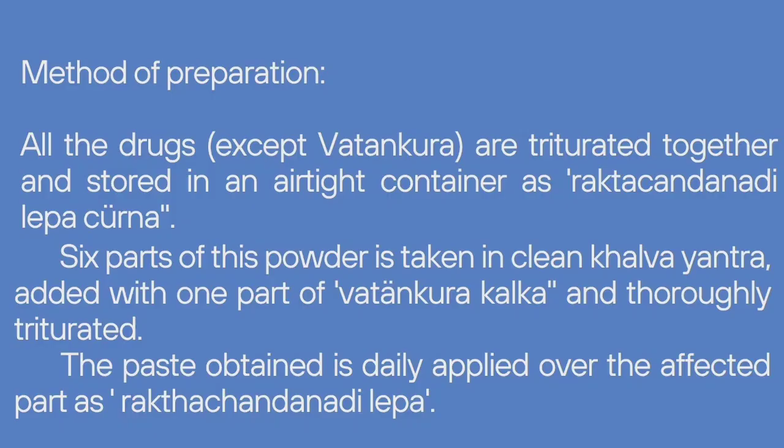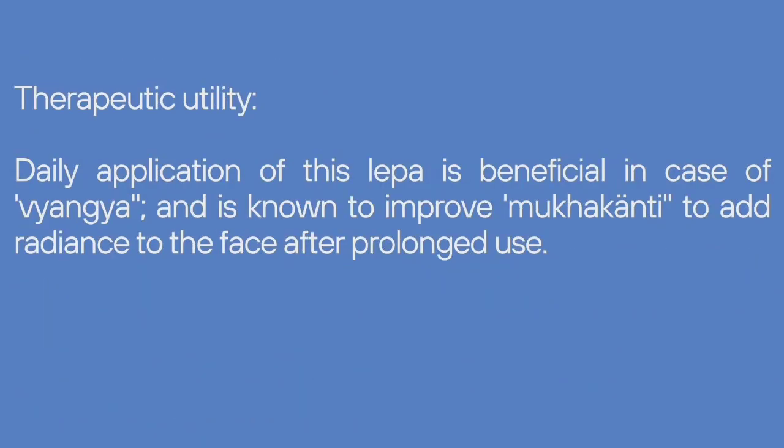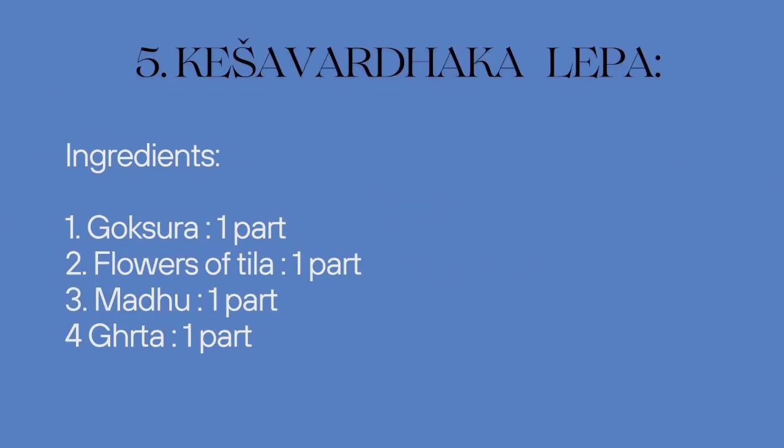This paste obtained is applied daily over the affected part as Rakta Chandanadi Lepa. Therapeutic utility: daily application of this lepa is beneficial in case of Venga and is known to improve Mukha Kanti, to add radiance to the face after prolonged use.